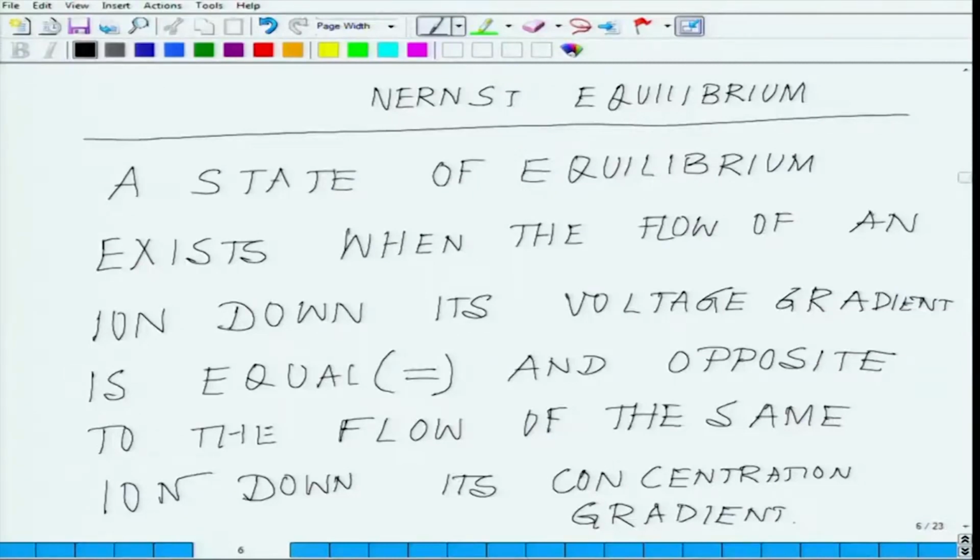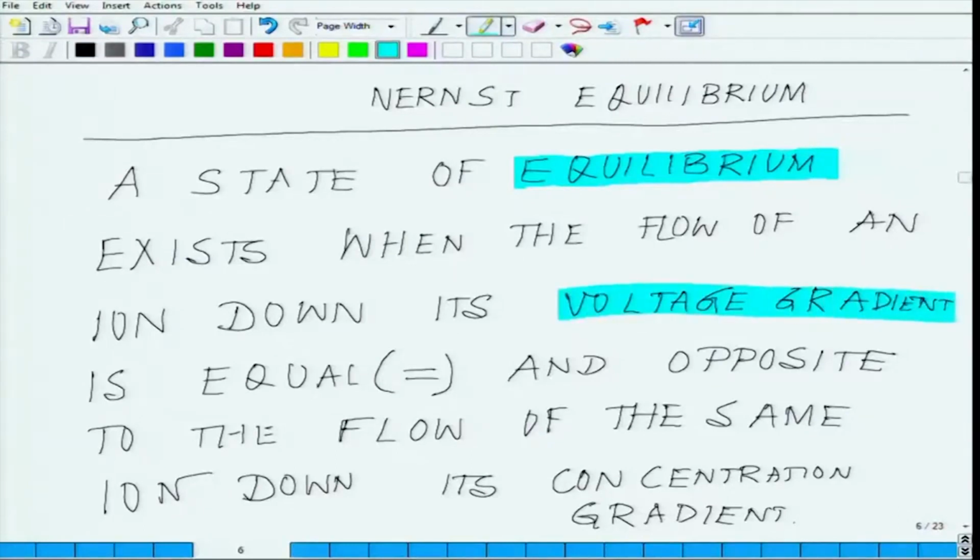So, if you read through this carefully, since I have now put everything in words: a state of equilibrium. Your first keyword should be the word equilibrium, which exists between the flow of an ion down its voltage gradient.